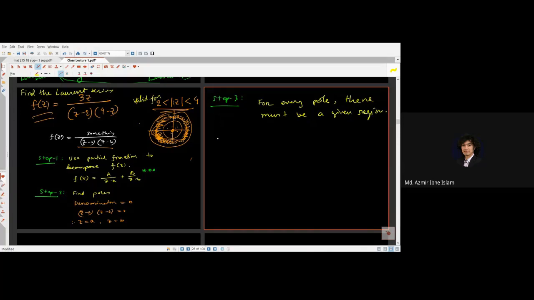Let's say we have found two poles, z equal to a and z equal to b. So for z equal to a, we have region 1, and for z equal to b, we have region 2.